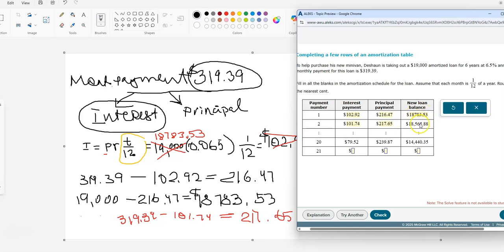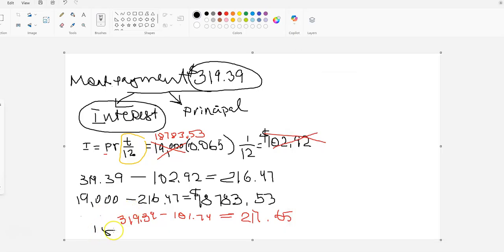How did this balance come about? You subtract 217.65 from 18,783.53, and what do you get?